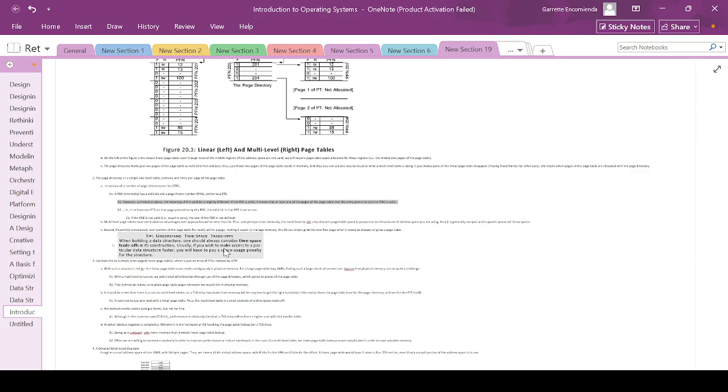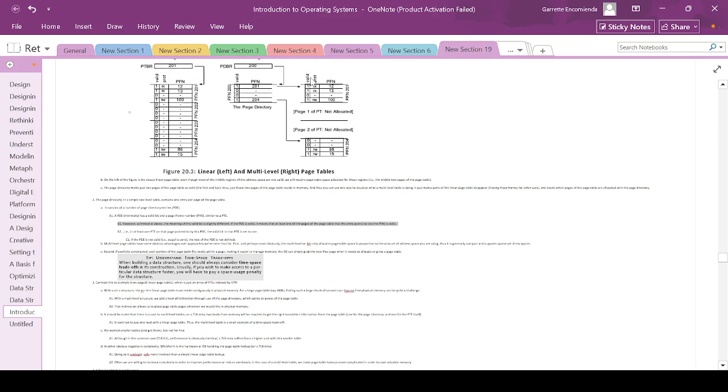If the PDE, or page directory entry, is valid, it means that at least one of the pages of the page table that the entry points to via the PFN is valid.